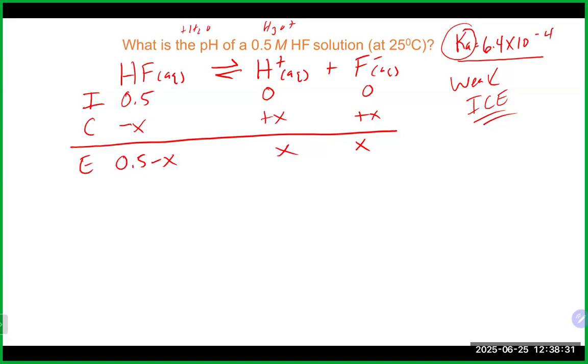If you're not asked to solve for the Ka, you would probably be given it either in the problem or in a table. For the book, you may have to go to the table to look up some Ka. Very commonly, they just assume that you'll go look it up in a table.